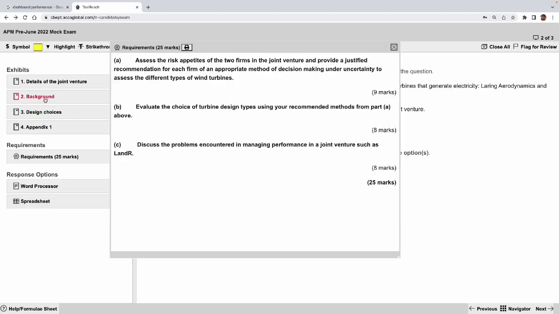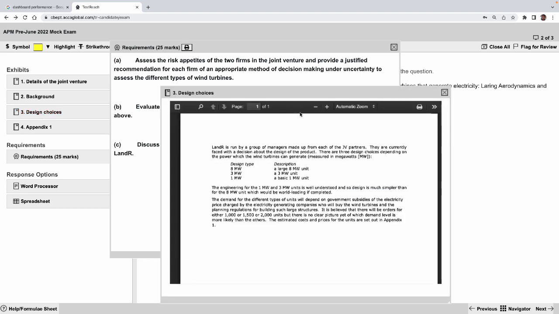Alright, let's move on to the design choice. Okay, at this junction, you should be able to come up with an answer already, right? So let me just go to the answer and give an answer here.